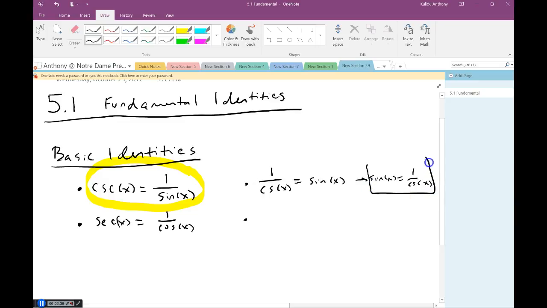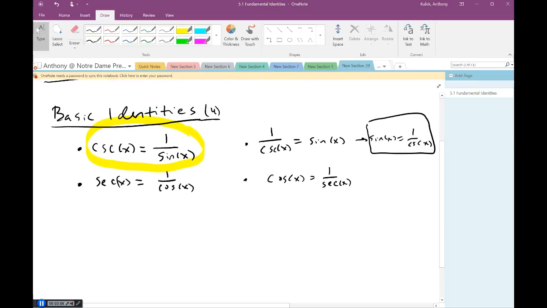And this is kind of the way that typically we'd write it. And if we do the same thing to the other one, we get cosine x is equal to 1 over secant x. So these are the 4 basic trig identities, but I would wager that there were some more that you knew already.